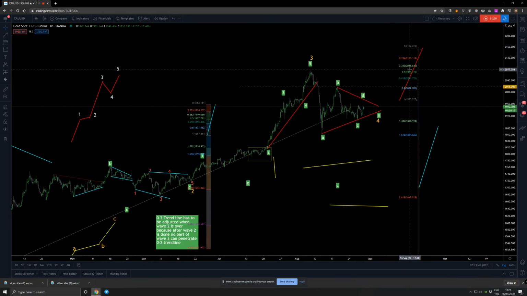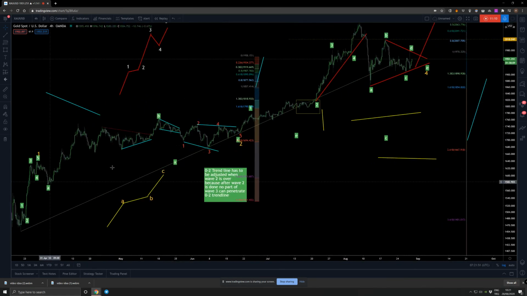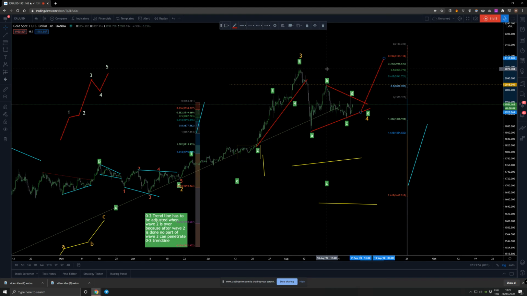So what I would think, then we may have a one-to-one, maybe a little bit smaller, maybe a little bit bigger. If that's the case, even if this whole concept doesn't work, we should make a new high if this impulse wave still makes sense, okay?